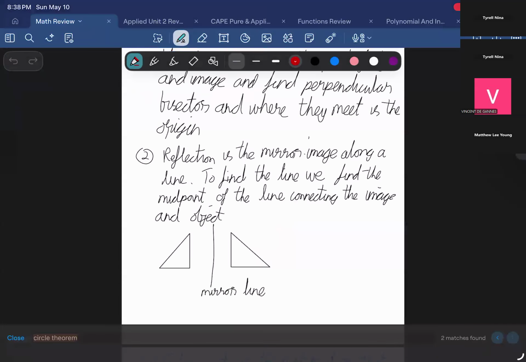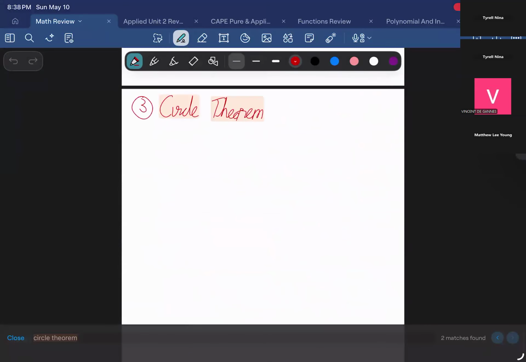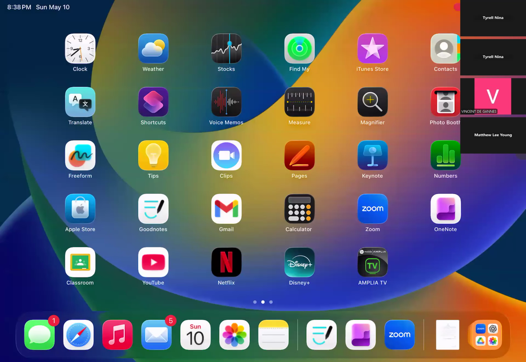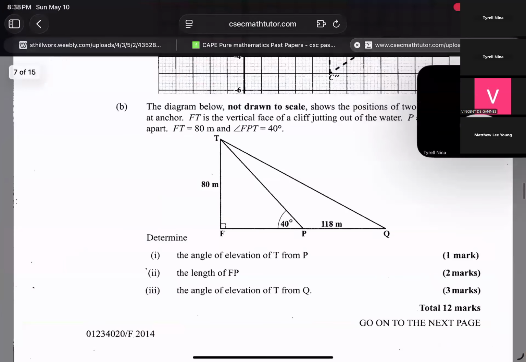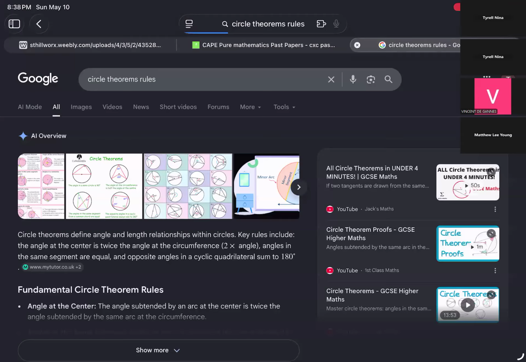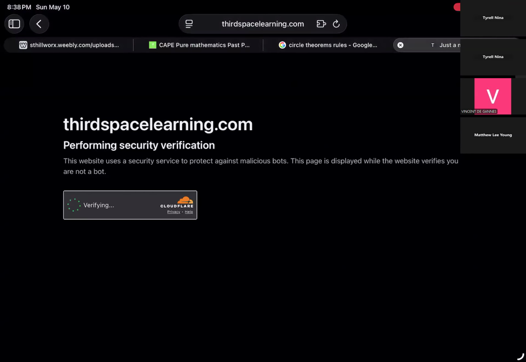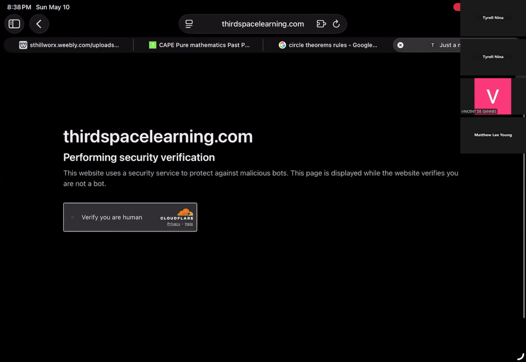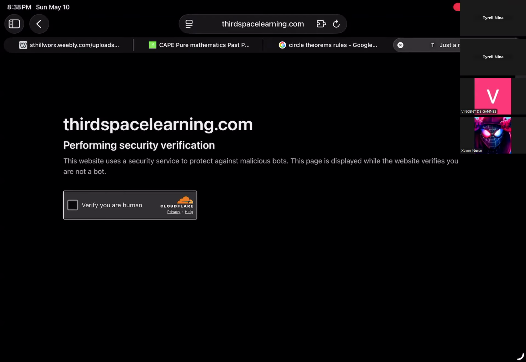Because I'm not drawing no circles over, right? Circle theorems rules. Here it is. It's the same one I gave you. Now, isn't this awkward? When is IT? IT is Tuesday too, right? Nah, Tuesday. Thursday? All right.